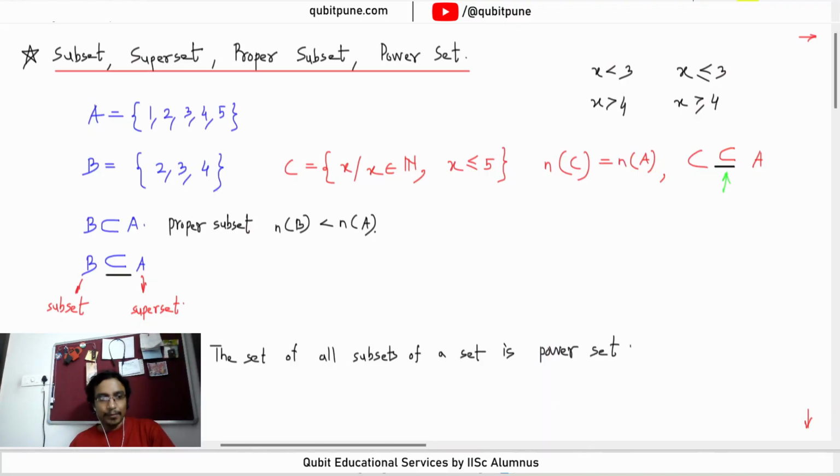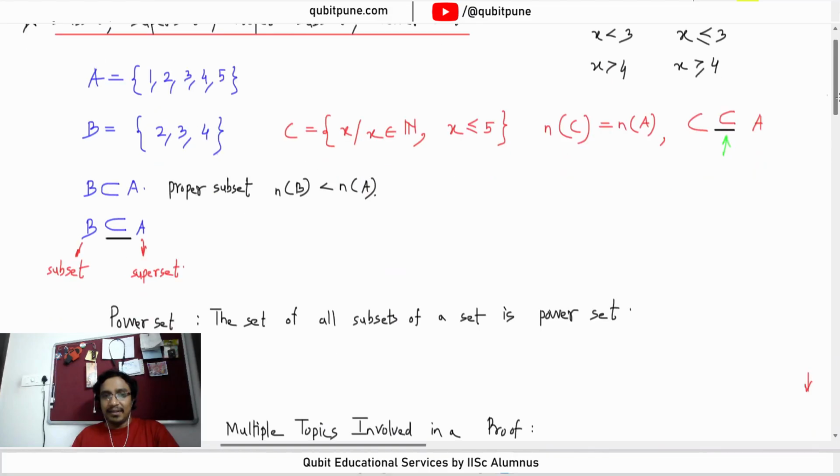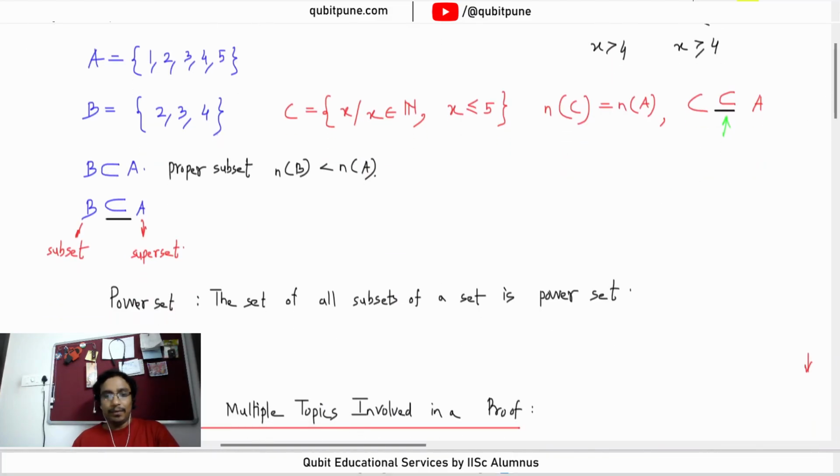Yes, you're right. There is a formula to determine the number of subsets, and you already stated that formula. If A has n elements in it, then the power set of A is going to have 2 raised to n elements.